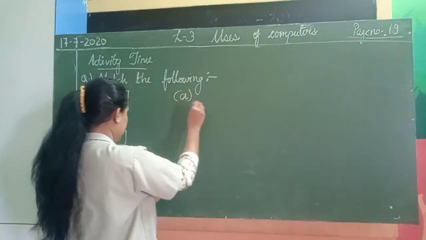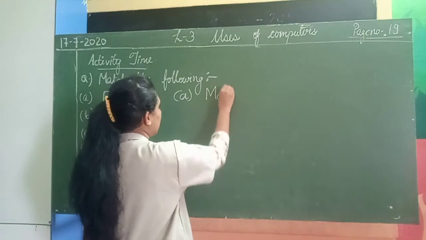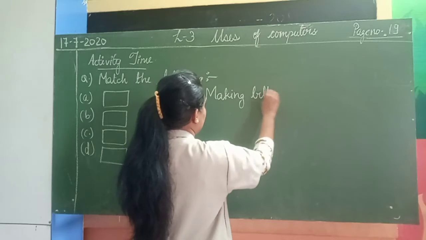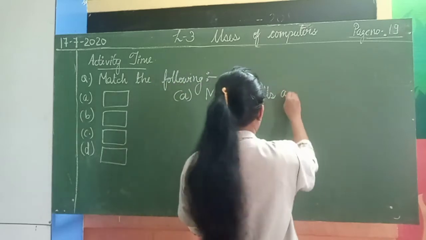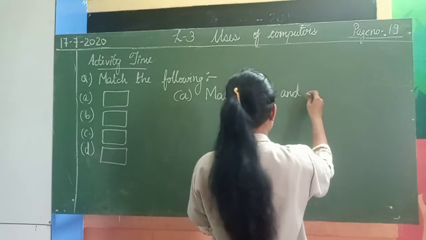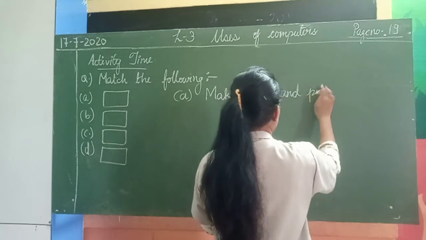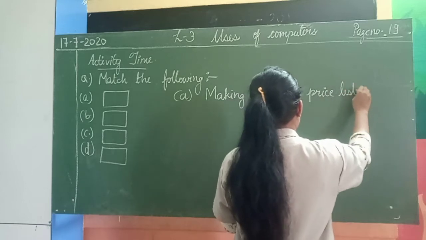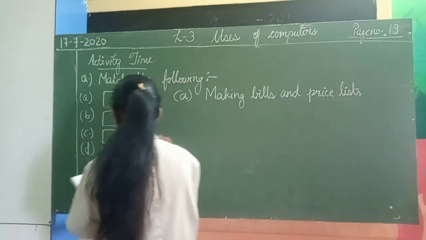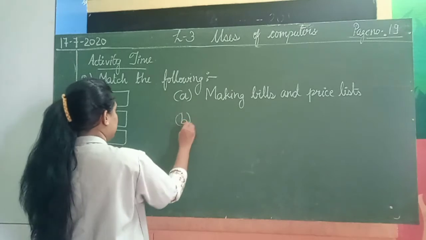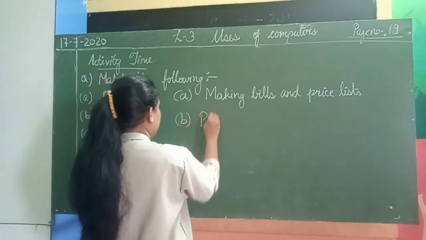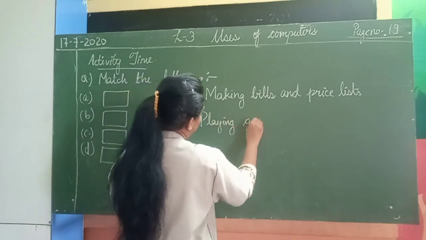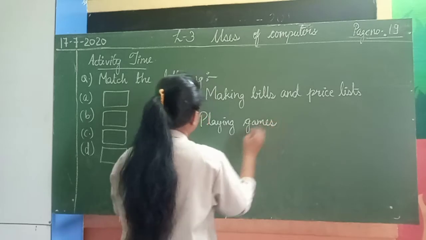Option A, making bills and write lists. Option B, playing games.